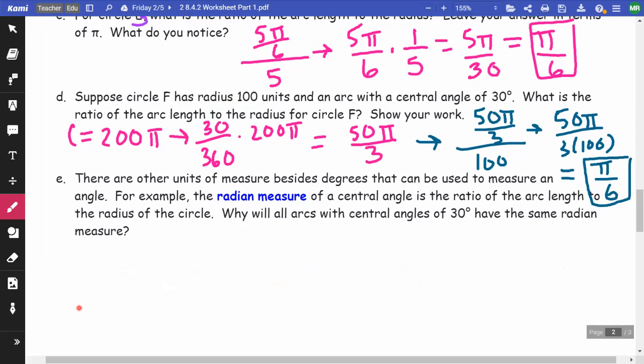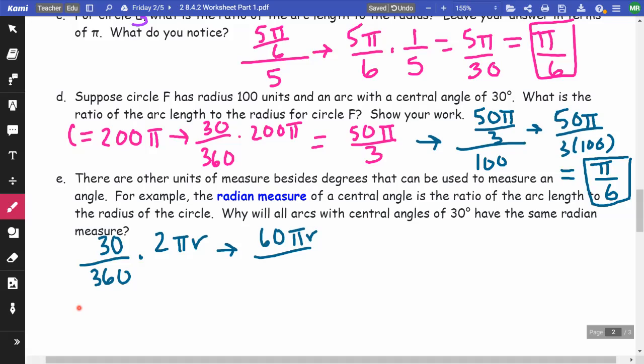So I know that the circumference for any circle is 2 pi r. In this case, I have 30 out of 360 of that. So when I clean that up, I'm going to get 60 pi r over 360, which is going to simplify to pi r over 6.